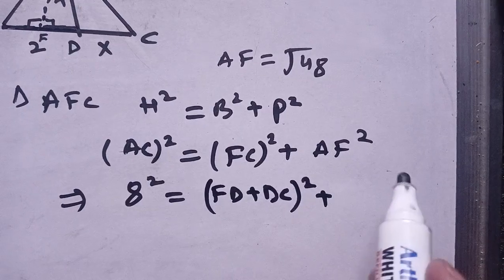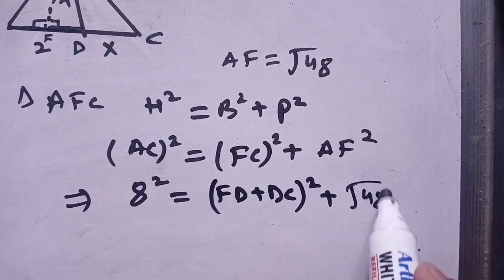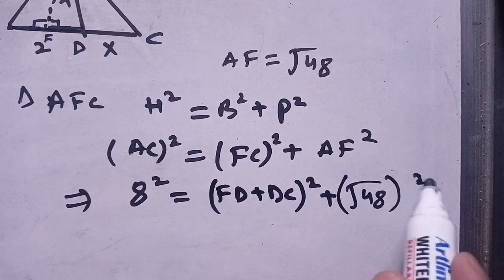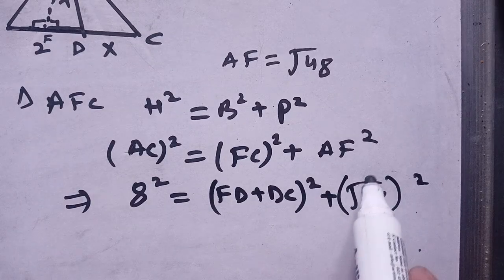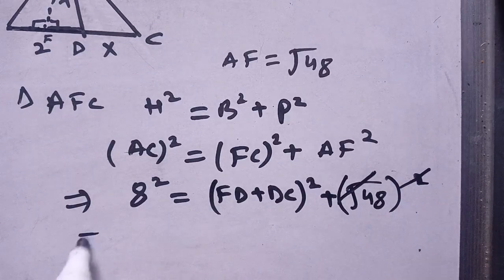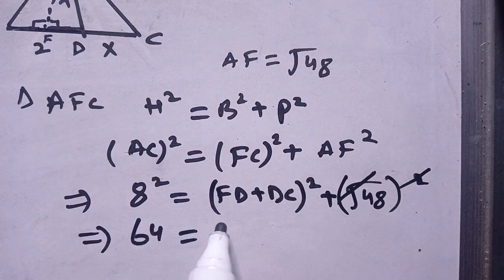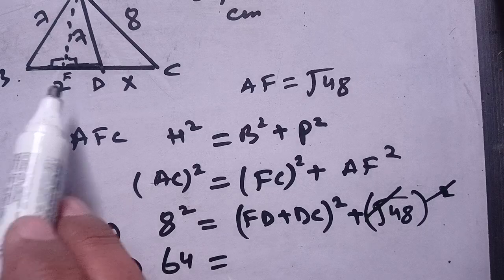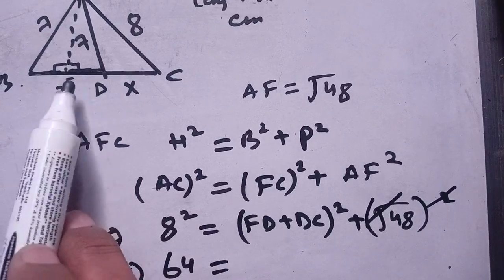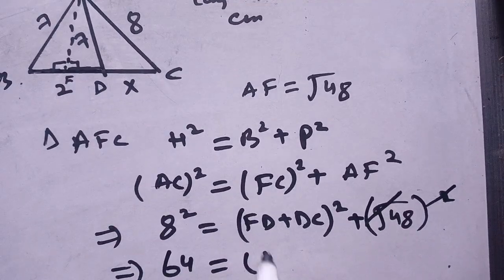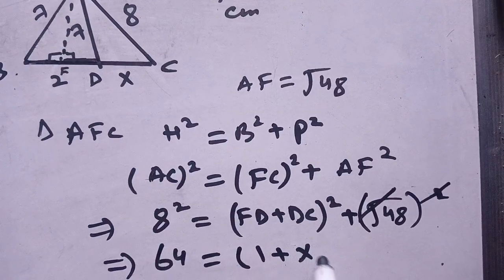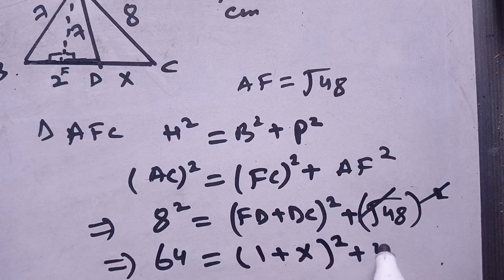Now we write it as square root of 48 whole square. Now we can cancel out the square by the square root, which implies 8 square, that is 64, is equal to FD, which is given as 1, plus DC, which is equal to x, whole square plus 48.